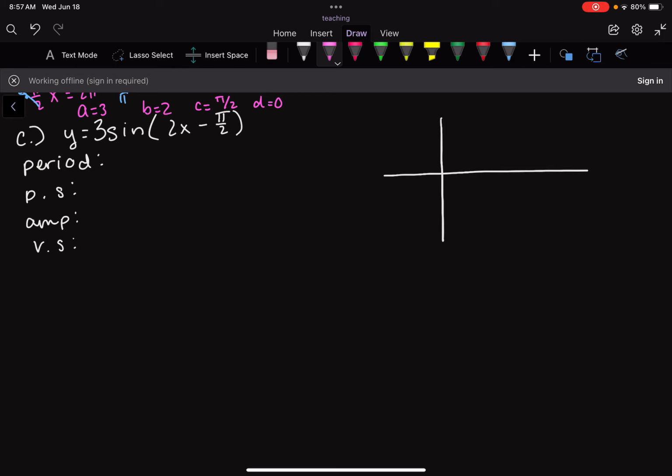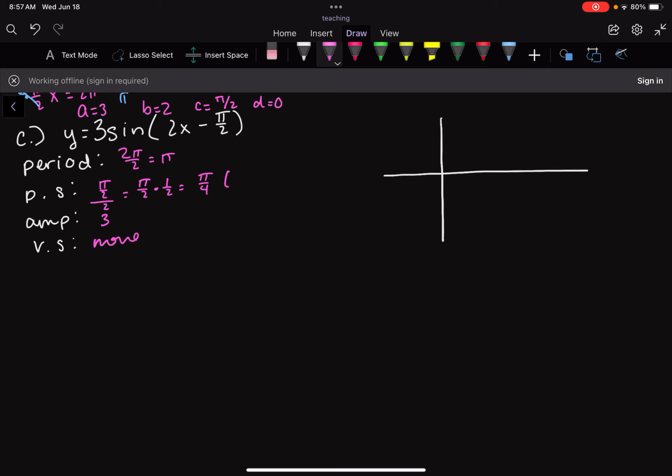My period is 2 pi over B, so that's going to be 2 pi over 2, so pi. My phase shift is C over B, so pi over 2 over 2, which is the same as pi over 2 times 1/2, so it's going to be pi over 4. My amplitude is 3, and my vertical shift is none.